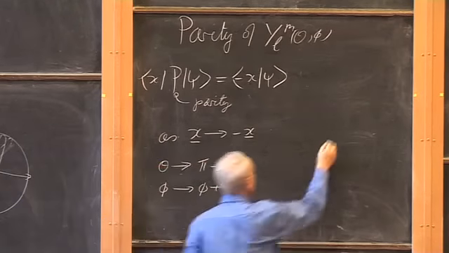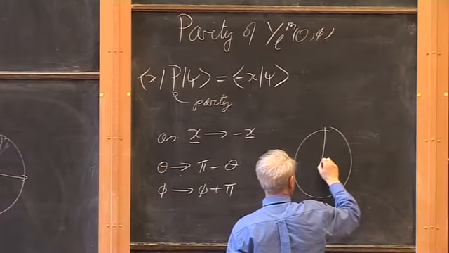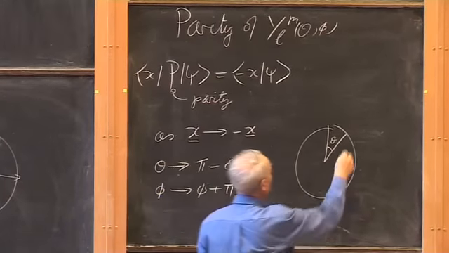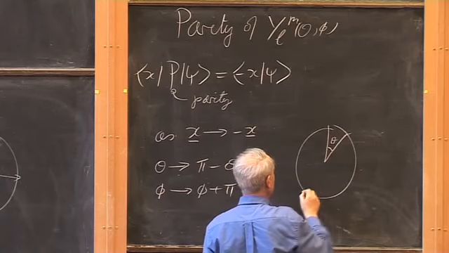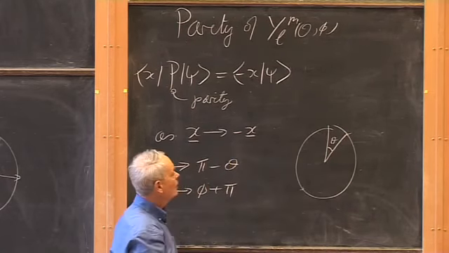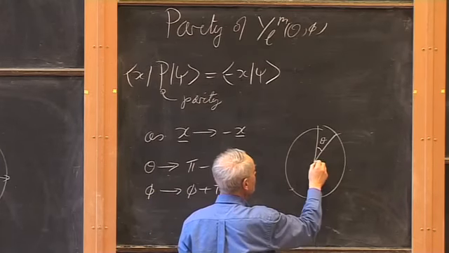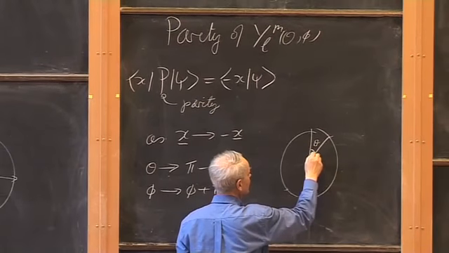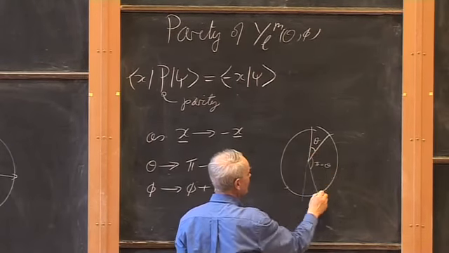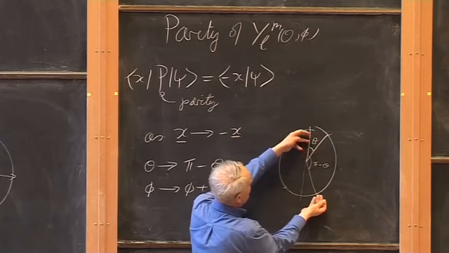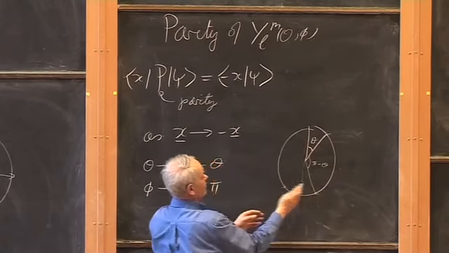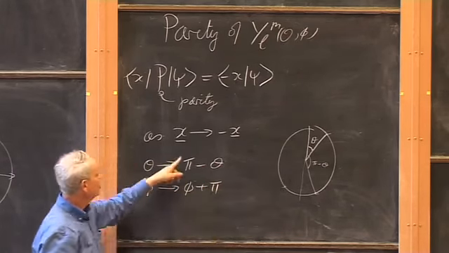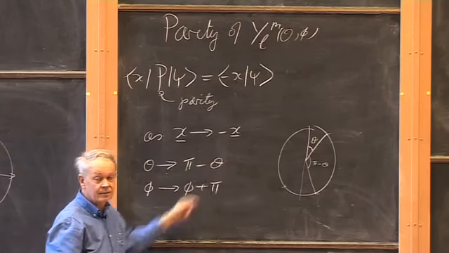I hate three-dimensional pictures. Okay, here's theta, the spherical polar coordinate theta, and what we have to do is take this point and move it down to here. That's theta going to pi minus theta. And then, having got it down here, we rotate it through pi in phi, and that's how we get it down here. So these are the changes in polar coordinates associated with that.